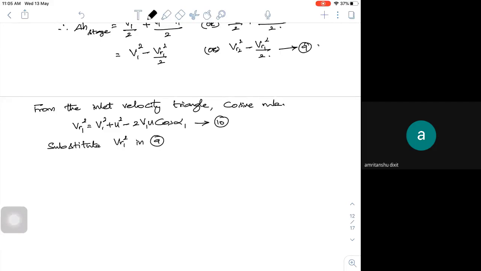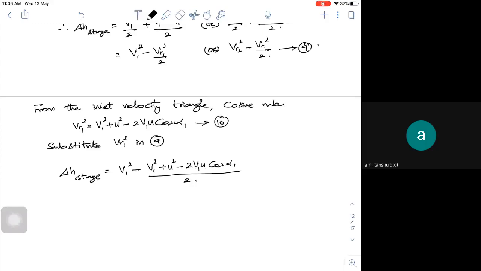If I substitute, your delta H stage is equal to V1 square minus, V1 square plus U square minus 2 V1 U cos alpha 1, divided by 2. So this will be the substitution.